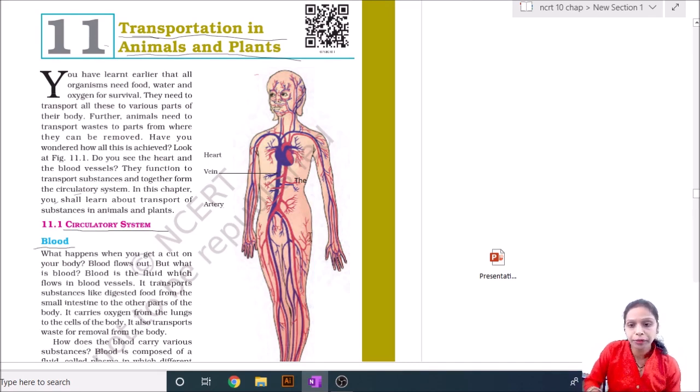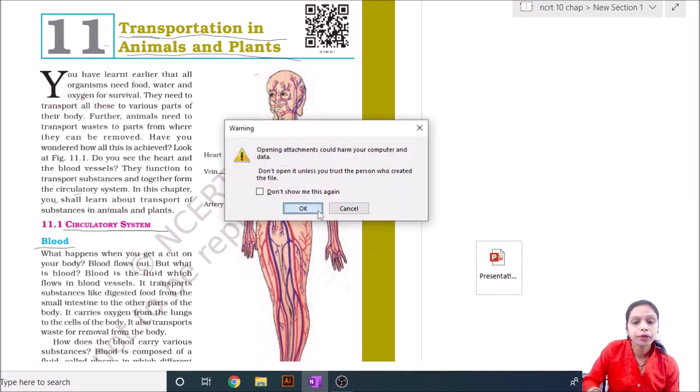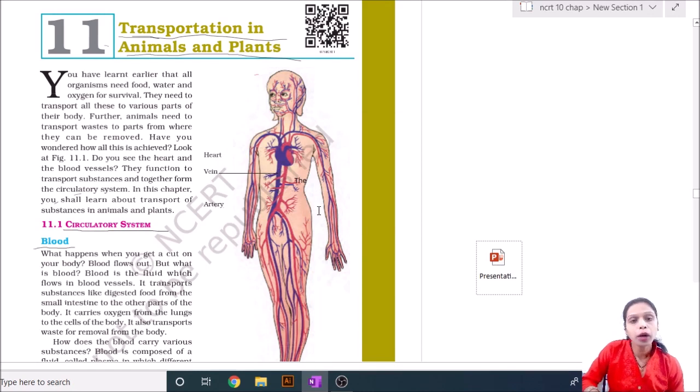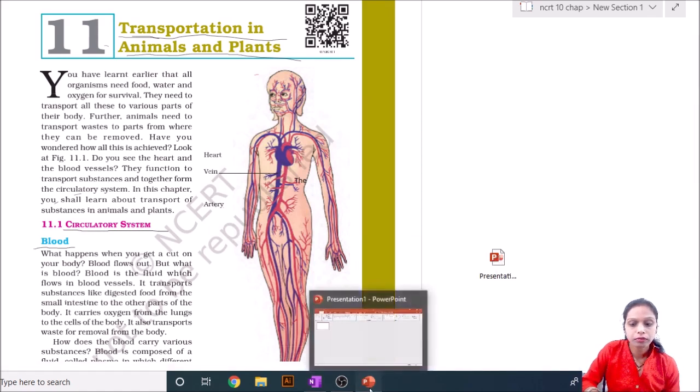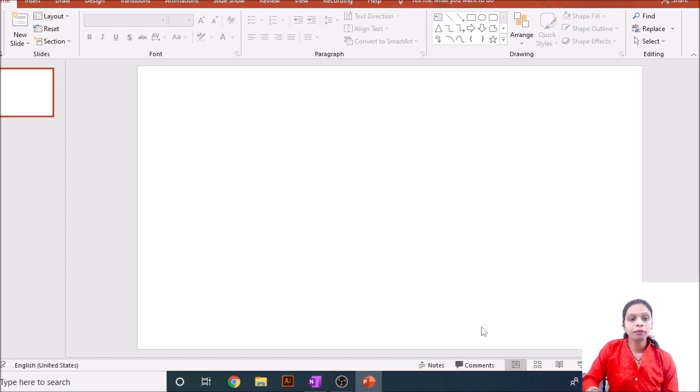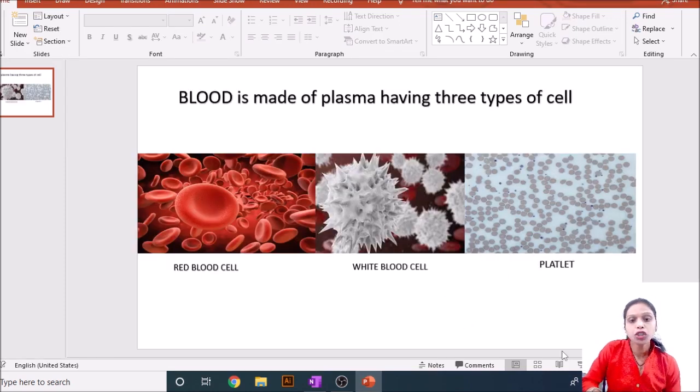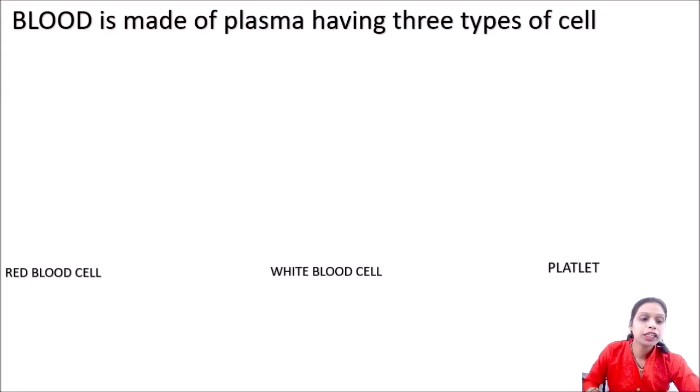You can see here through this presentation which type of blood is important, how much cell is important and how much cell remains in our blood.